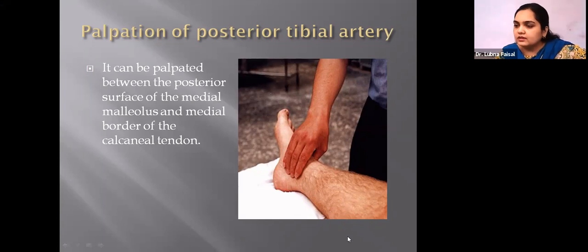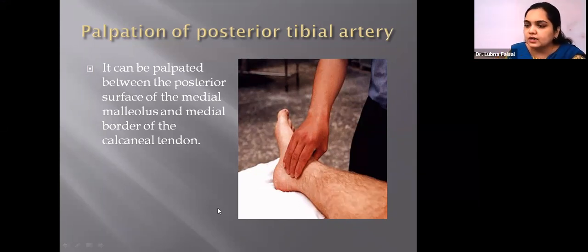Any question related to the posterior compartment of the leg? Okay, sural nerve. The sural nerve is formed by two important nerves: the tibial nerve and the common peroneal nerve, or common fibular nerve.